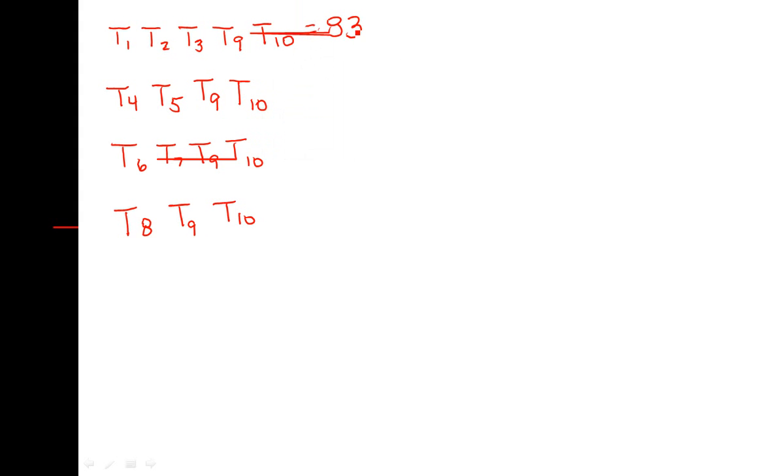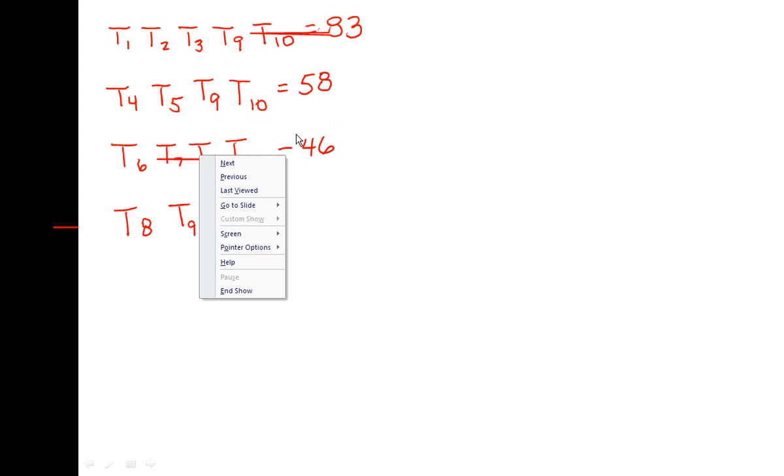Plus 10 plus 8 plus 30 is 58. Two plus 6 plus 8 plus 30 is 46. And then 7 plus 8 plus 30 is 45.